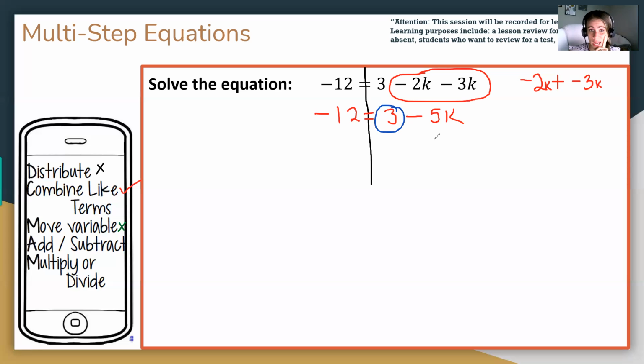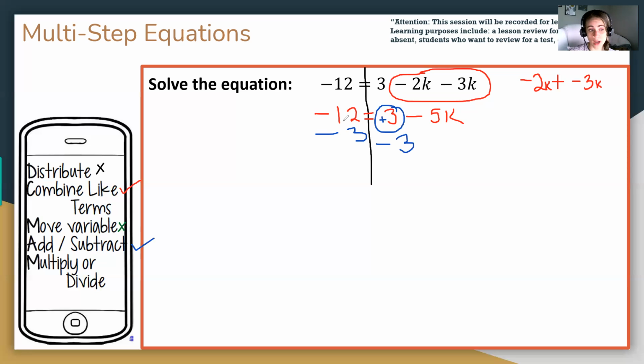You might have said subtracted because of this subtraction sign, but the 5k is actually being subtracted from your 3. So that minus sign there belongs with your 5k because it's right in front of it. Whatever sign is in front of your number belongs to it, glued together. So nothing's in front of the 3, which actually means it's a positive 3. But what's the opposite of a positive? A negative. So we're going to subtract 3 from both sides.